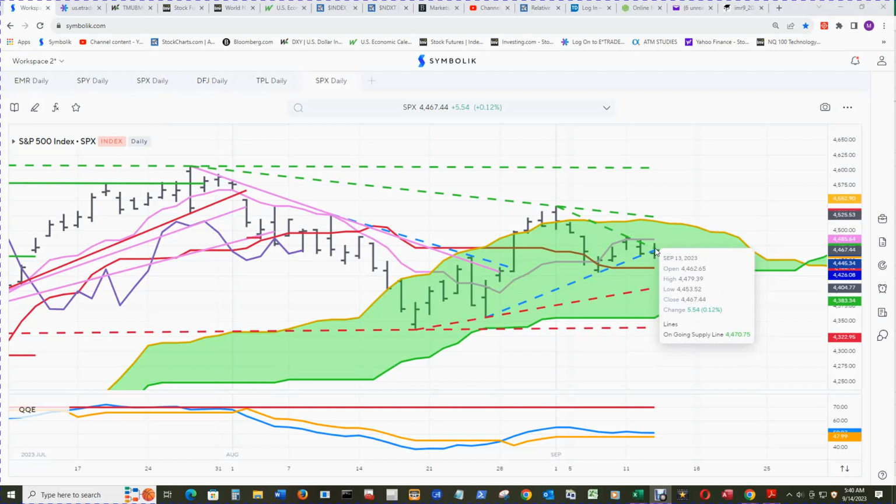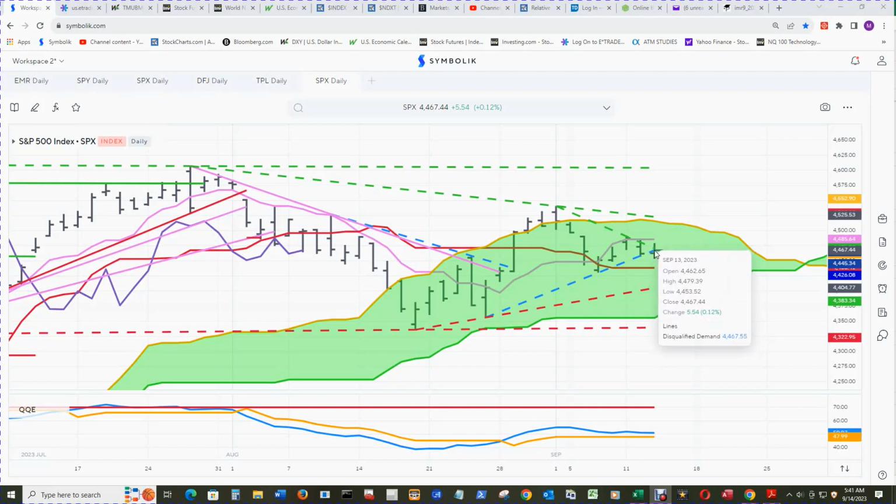It probably would have needed to stay completely below that line all day, so it needed to open below the line and not tick higher than the line and close below the line. If it would have stayed under there, it would have been qualified. But as it stands now, it's disqualified.